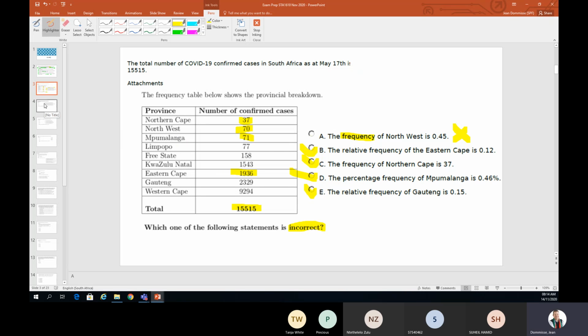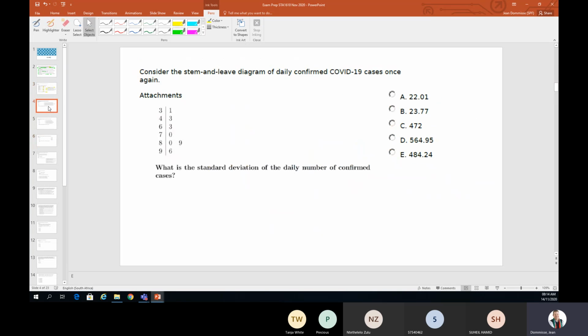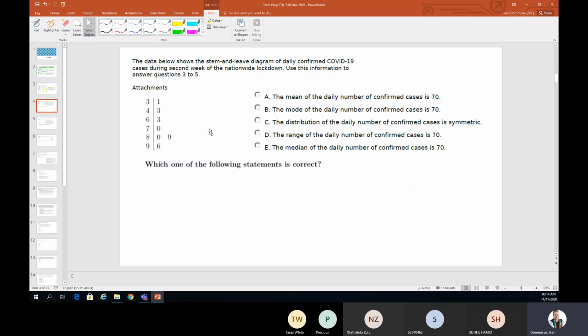Next one, and this one is all around, so the next three actually stem and leaf. And I think that is, so nearly prepare yourself that you will get a stem and leaf in the exam. So which of the following statements is correct?